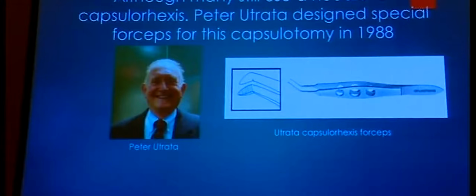Moving on, then came the rhexis with a Utrata forceps way back in 1988, and with this he made capsulotomy more controllable for many surgeons. We are very familiar with the Utrata forceps.